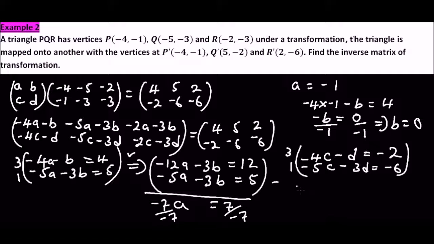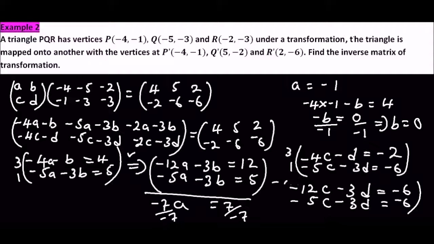Then we have minus 12c minus 3d is equal to minus 6, and then we have minus 5c minus 3d is equal to minus 6. So we subtract the second equation from the first equation so that we'll be able to eliminate d and be able to get our c.